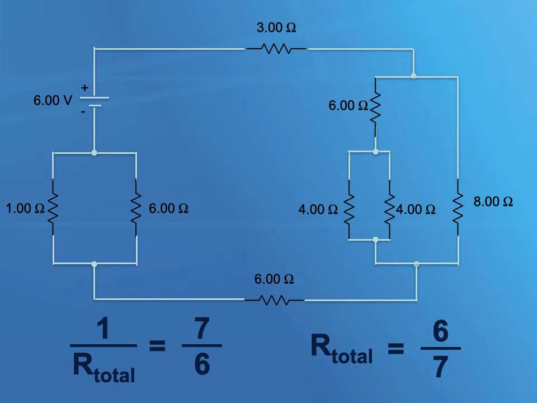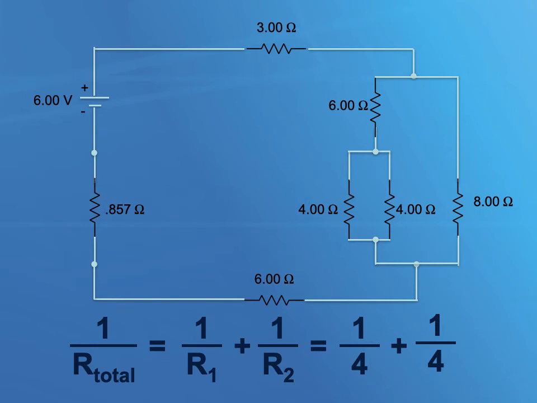If you add the reciprocals, you get 7/6. That's the reciprocal of the total resistance, which would then be 6/7. And here we have that 0.857 ohm resistor replacing the 1 and the 6. Interesting how much lower that is. We start with a 1 and a 6, but the equivalent is less than 1. Okay, because doing parallel resistors actually lowers the resistance.